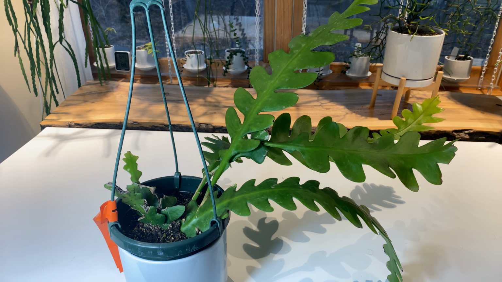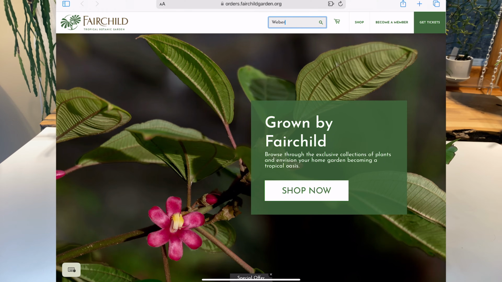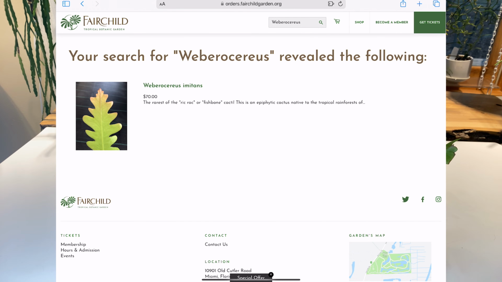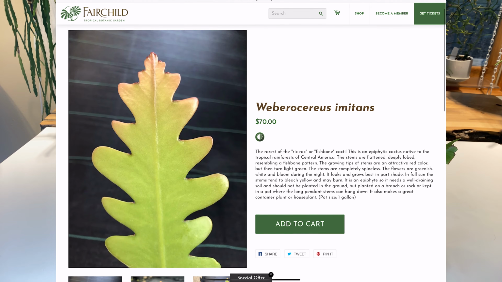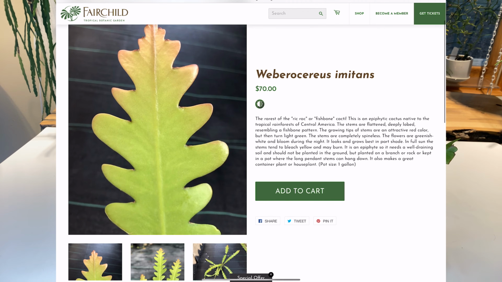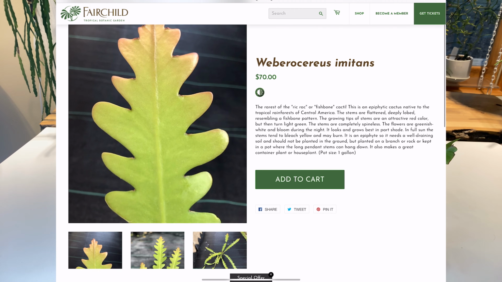My friend did a bunch of sleuthing and actually ended up finding that a botanical garden in the United States sells this species. But the problem with it is that the botanical garden doesn't really sell online. They have a shop, but you actually have to physically go there to purchase this species.